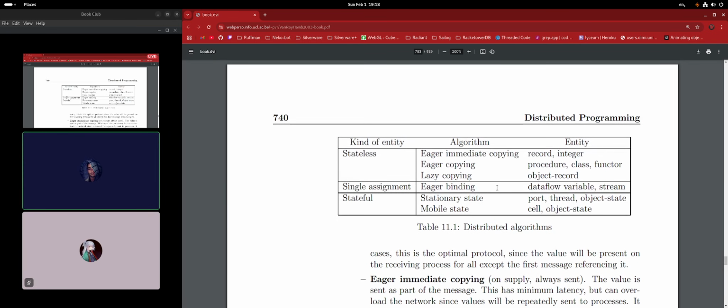So this table is essentially a cheat sheet, so you can use this when you are implementing a distributed thing. You see the kind of entity you're interacting with, and then you pick one of the options available in this cell. And then you have to think about it. What is your domain? What are your requirements? Things like that in order to properly evaluate.